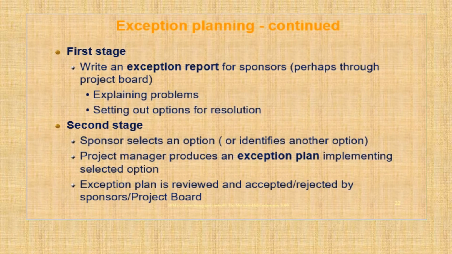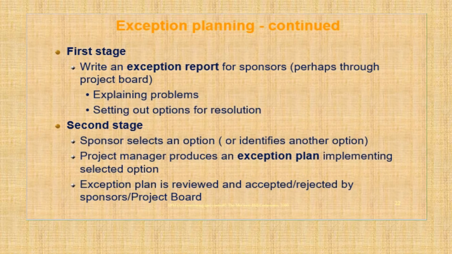The first stage is to write the exception report for all those who are going to contribute to my project. This may be the project board members, and they are going to define that exception report. They are going to explain the set of problems, why these exceptions need to be handled, how they are handled, and the different ways by which this particular exception can be resolved.